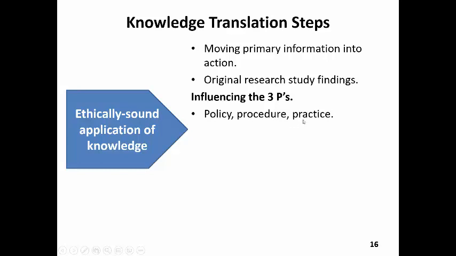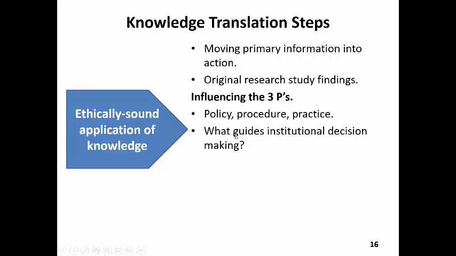And practices refer to those ways of conducting business that do not necessarily have a clearly defined set of steps and is usually passed on from person to person in a traditional sort of manner.